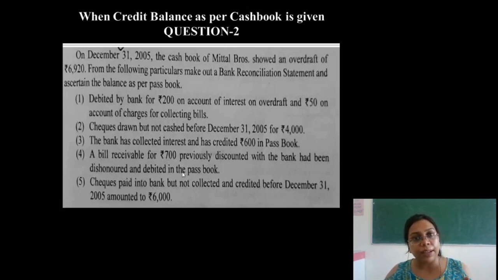But why has it been dishonored? It has been dishonored due to some reasons, like lack of funds in my account or something.